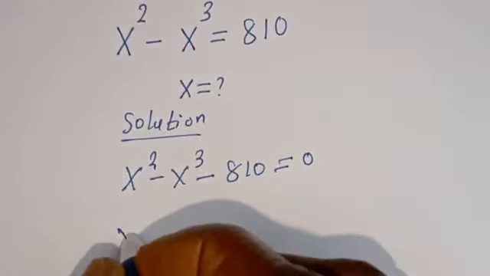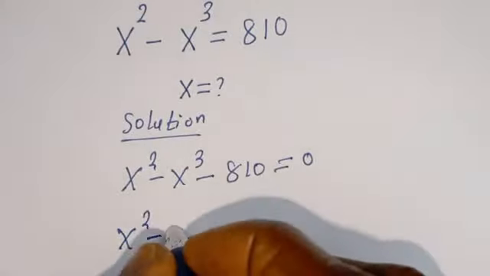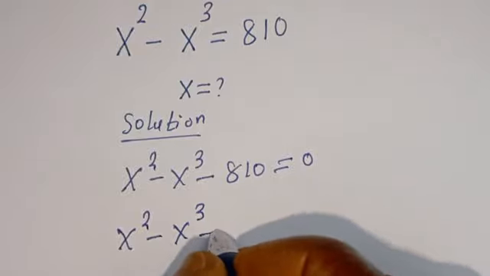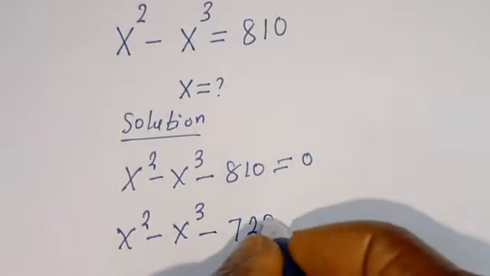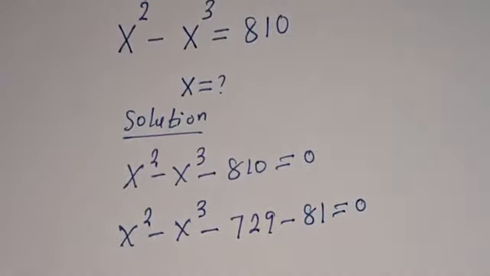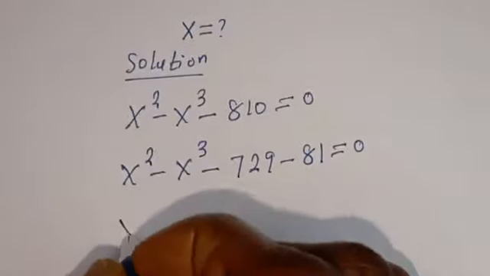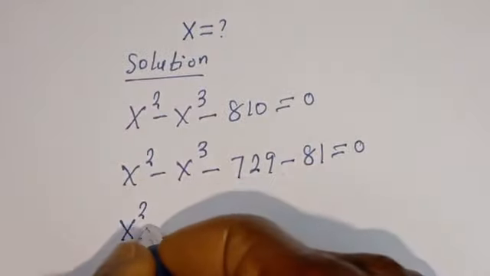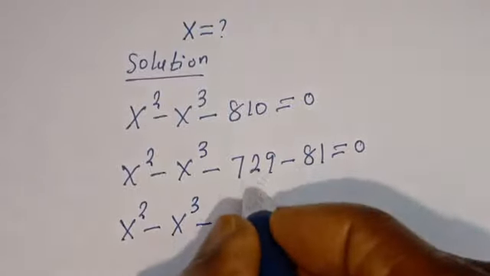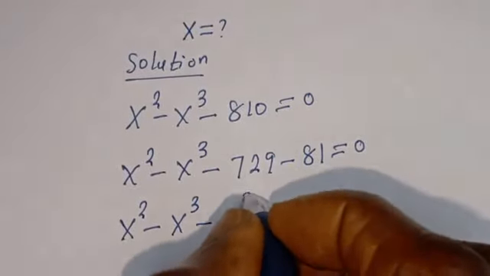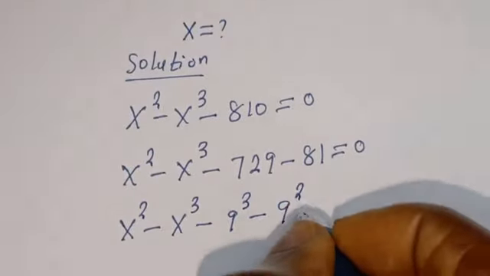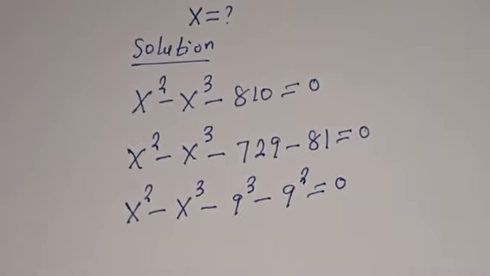This is s squared minus s to the power of 3 minus 810, which can be written as minus 729 minus 81 equal to 0. Then we have s squared minus s to the power of 3 minus 729 can be written as 9 to the power of 3, minus 81 can be written as 9 squared, is equal to 0.